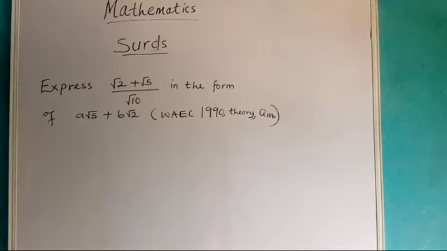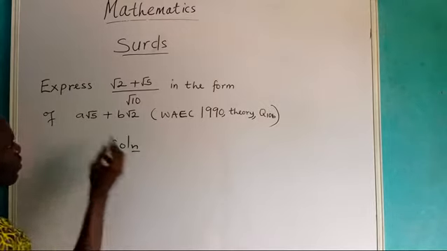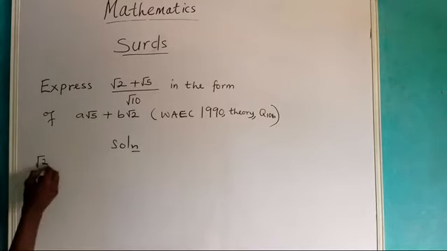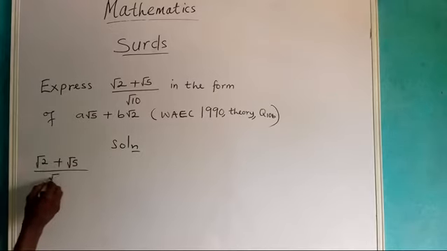Okay, let us see what we need to do. For this question we have root 2 plus root 5 over root 10.